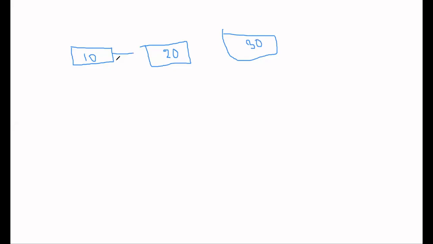Let's say a linked list is there. So let's move to our next topic. This time, we have been given the data, and then we have to delete that node. Suppose someone asks us to delete 20. So what should our function do?